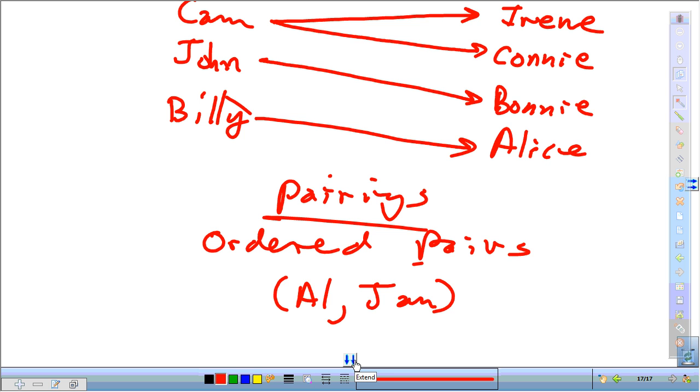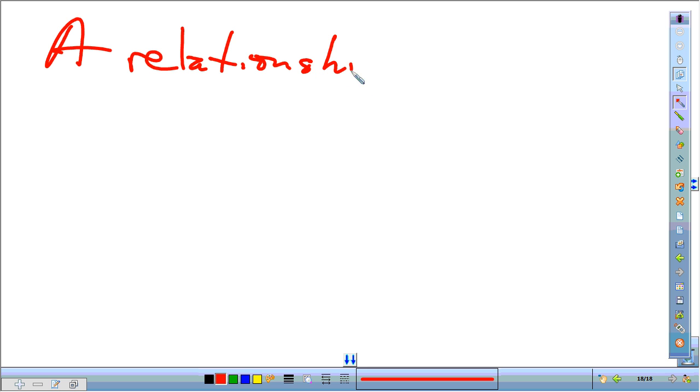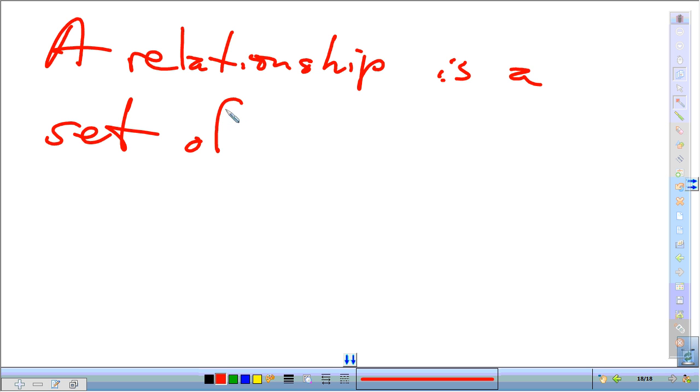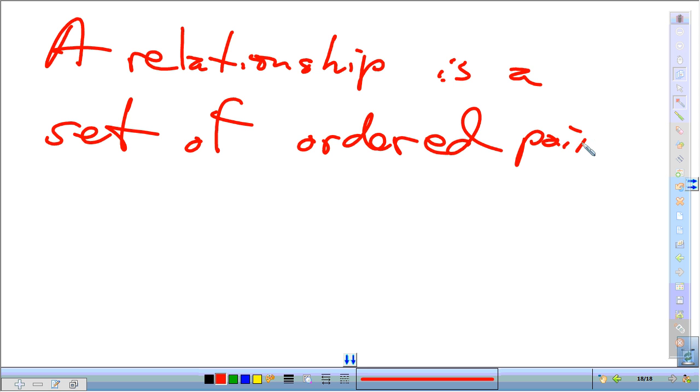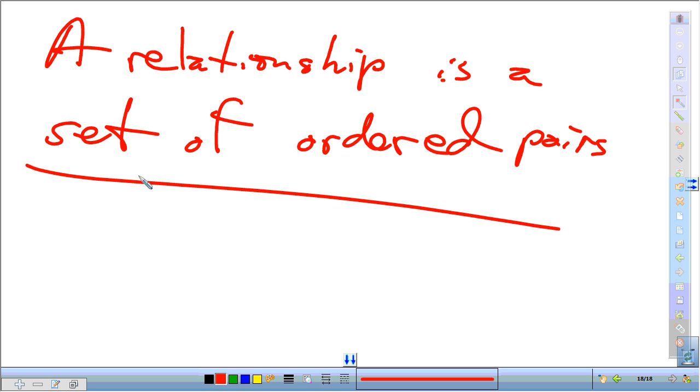So a relationship, we're very familiar with all kinds of relationships, but they're all just pairings. So a set of ordered pairs. So, mathematically, that's the definition. A relationship is just any set of ordered pairs.